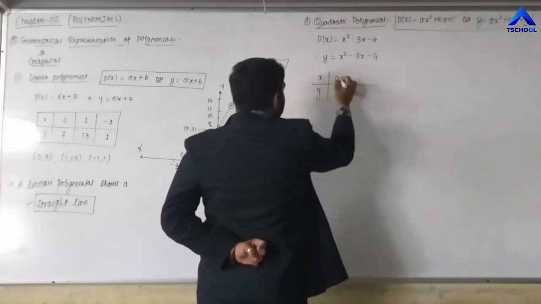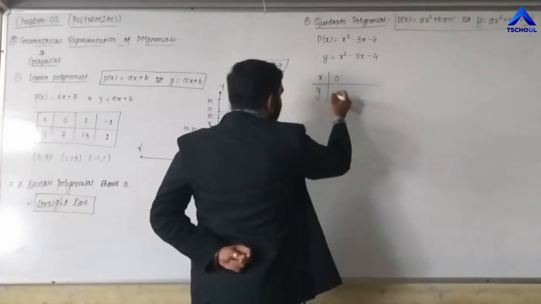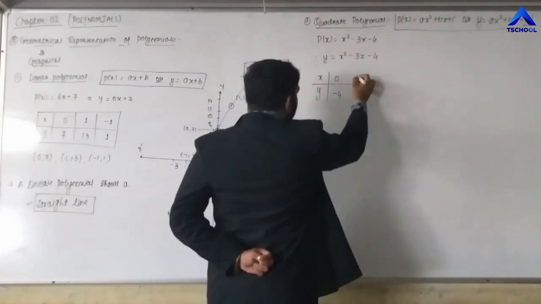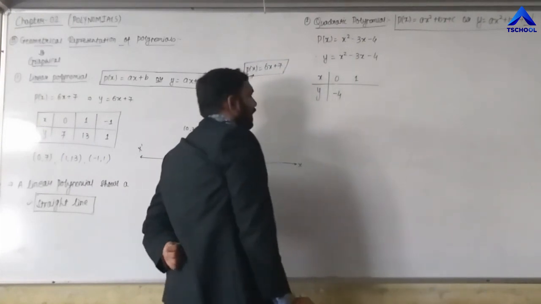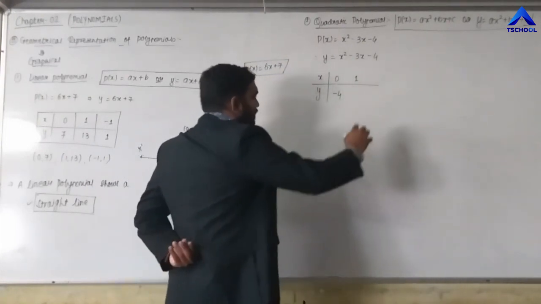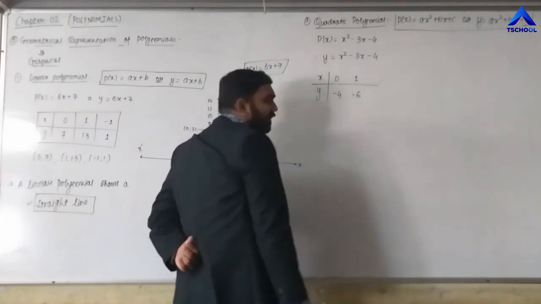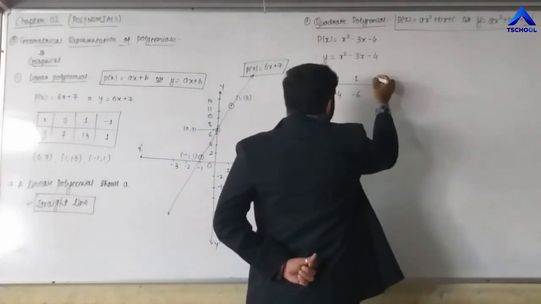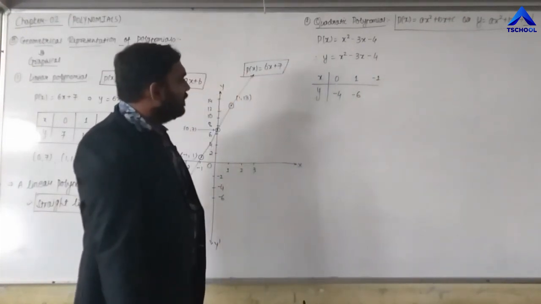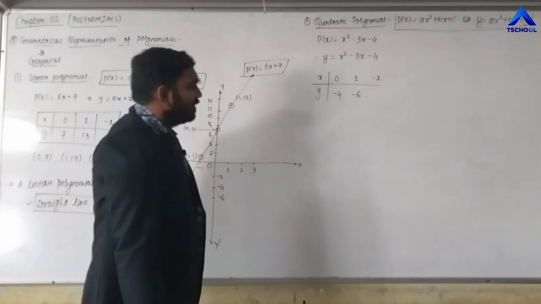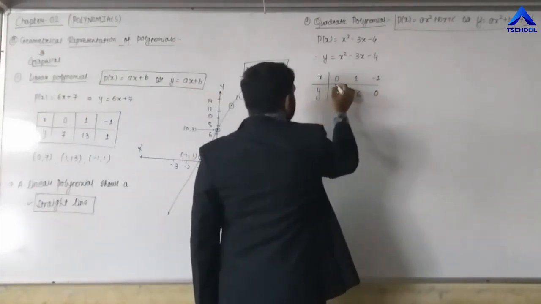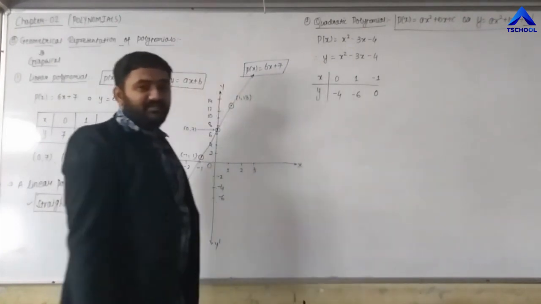If I take x equal to 0, then I shall get y equals minus 4. If I take x equals 1, I will get 1 minus 3, that is minus 2, minus 4, minus 6. And if I take x equals minus 2, then that will be 4 plus 6, 10 minus 4, that is 6. Is it clear everyone?